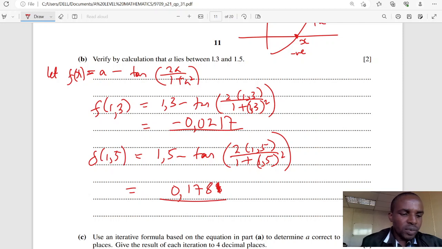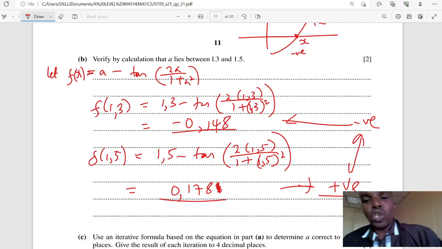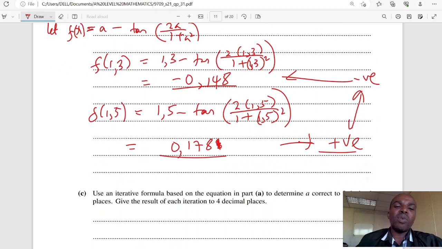Delete, then outside supposed to be 1.3. Yeah, you get negative 0.148. So this one is negative and this one is positive. Therefore, there is a sign change between the two, which means there is a root. So the conclusion: there is a sign change, so there is a root between 1.3 and 1.5.